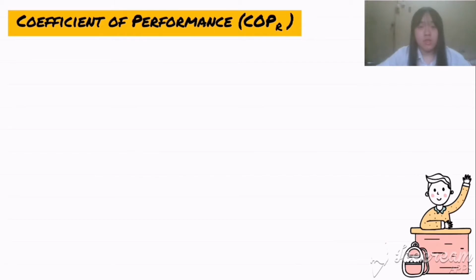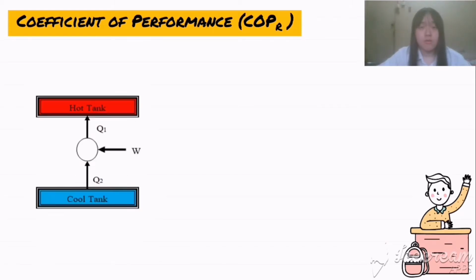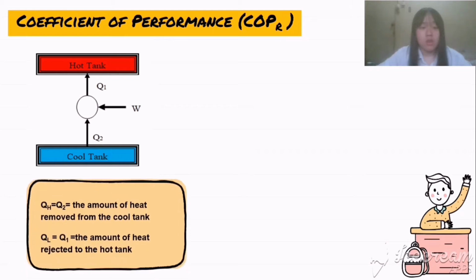What is coefficient of performance, COPR? This COPR represents the efficiency of the vapor compression refrigeration cycle. From this diagram, we know that heat is transferred from the low temperature space, which is the cool tank, to the high temperature space, which is the hot tank, and this process requires work, which is supplied to the system.